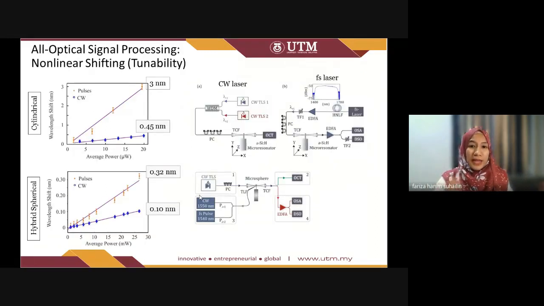So from that, we know that this structure can support very good light propagation. Can we observe nonlinear effects from all this?